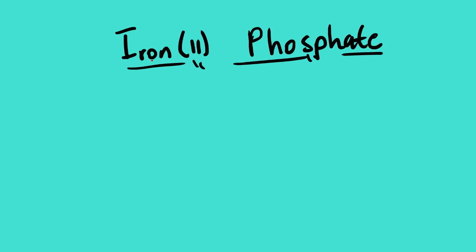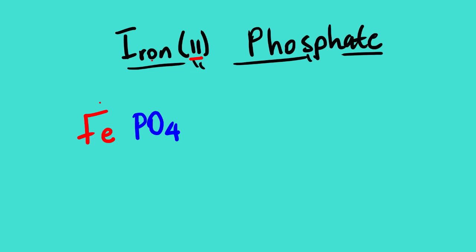So we have iron 2, its oxidation number is 2+, that is why we say it's iron 2. If you are looking at iron 3, you will have 3+. And then we have our polyatomic ion, which is phosphate. Phosphate is PO4. That is the molecular formula.